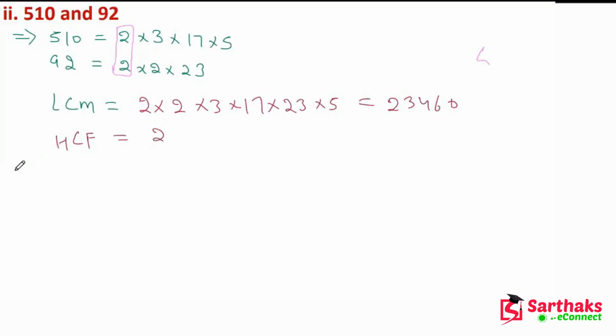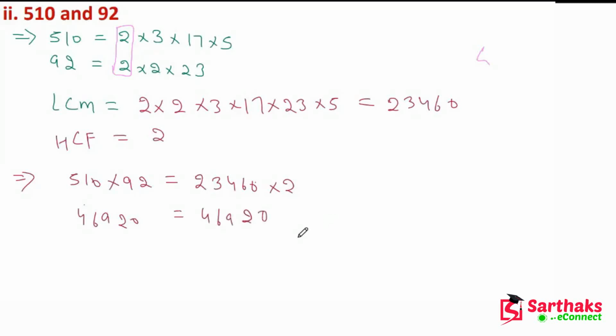Now we have to verify that 510 into 92 is equal to the product of LCM and HCF, meaning 23460 into 2. If we multiply 510 into 92, it is equal to 46920. This is also equal to 46920. Hence proved. I hope you get this point.